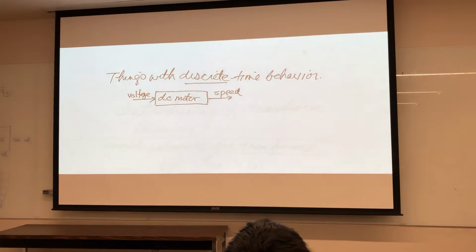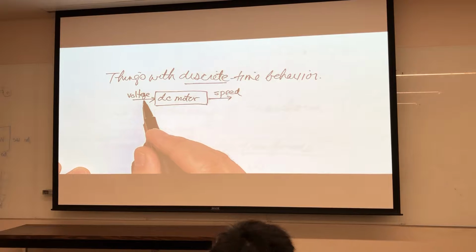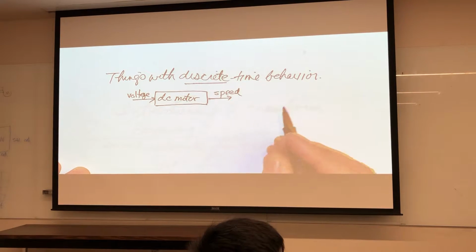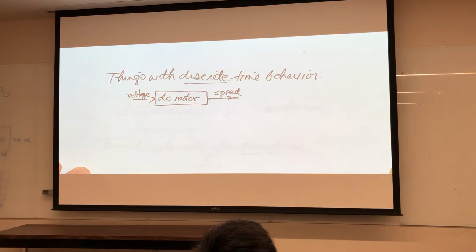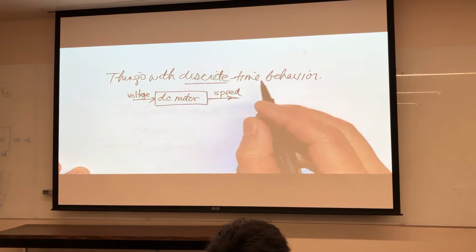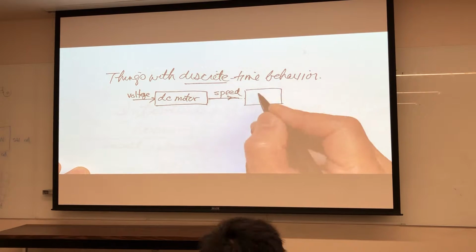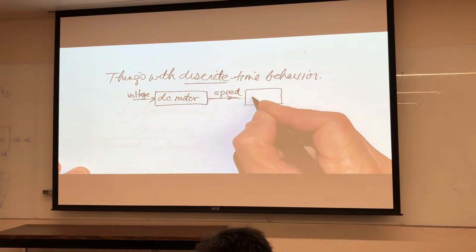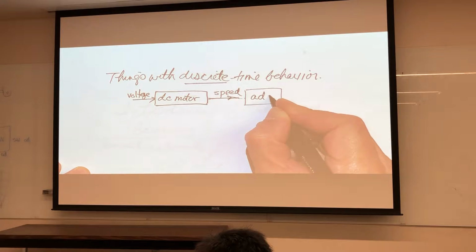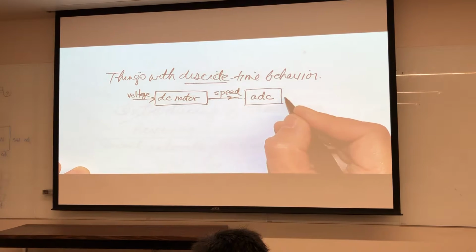So these are continuous time signals. Voltage exists continually, speed exists continually. What we do in engineered systems, a lot of times what we'll do is we'll put on here something that samples the information. This is what we call an analog to digital converter. I'm just going to abbreviate with ADC.